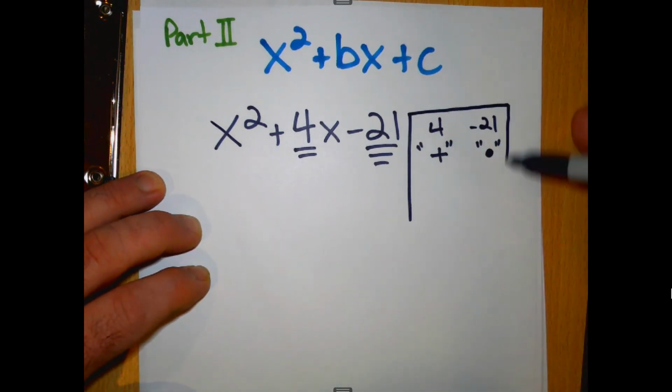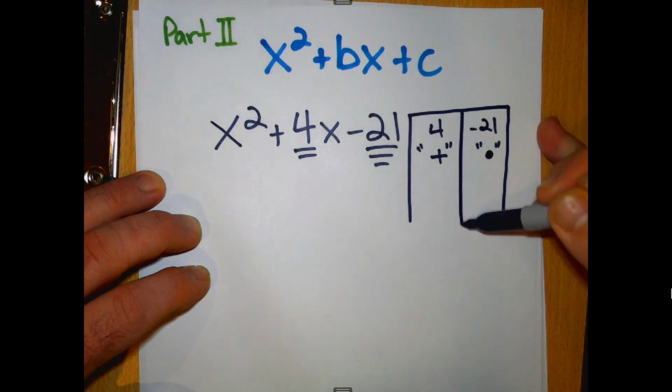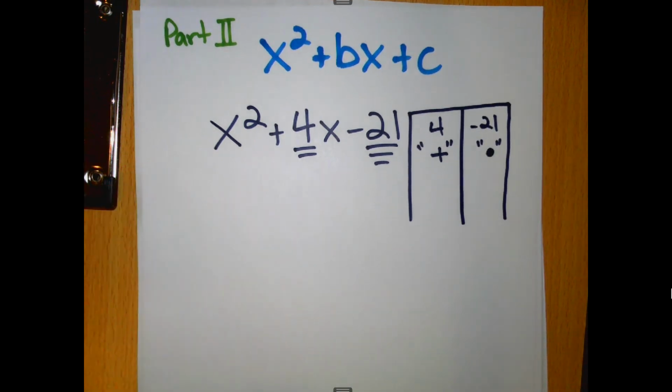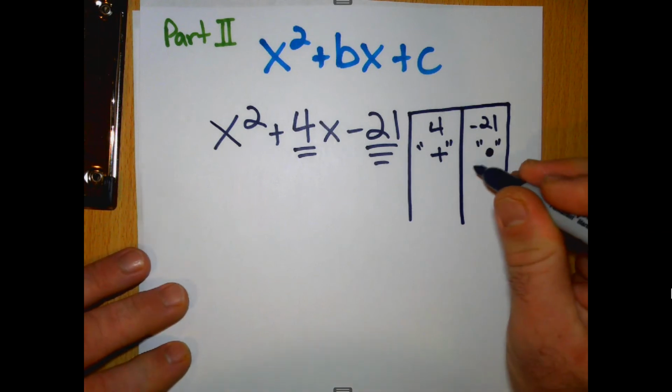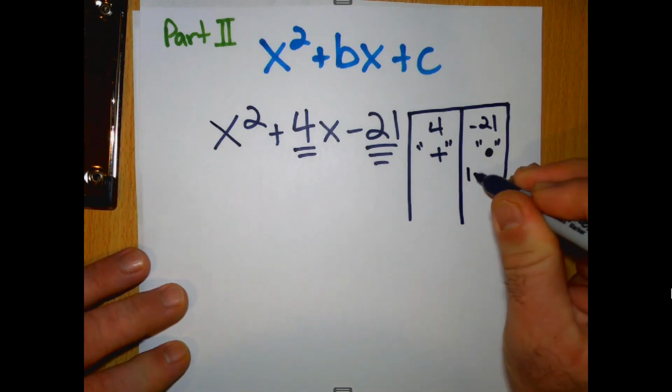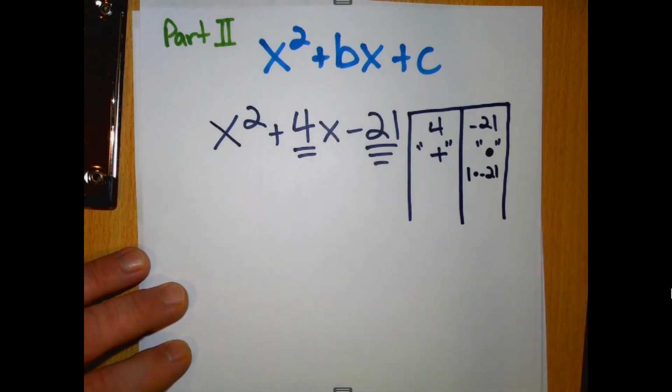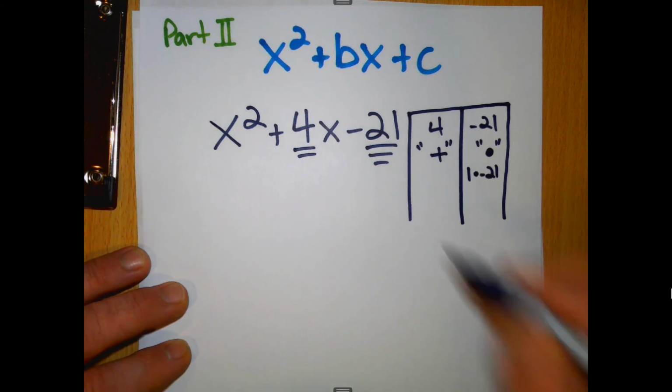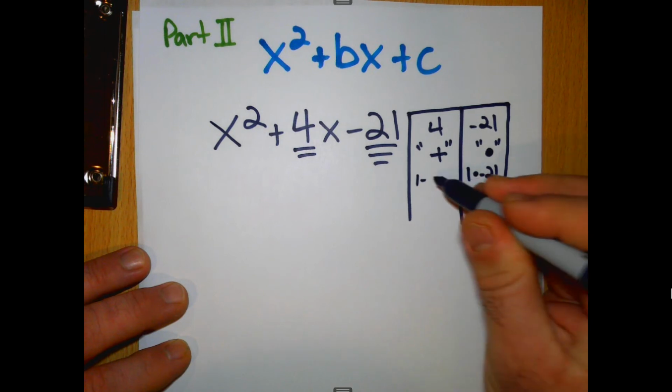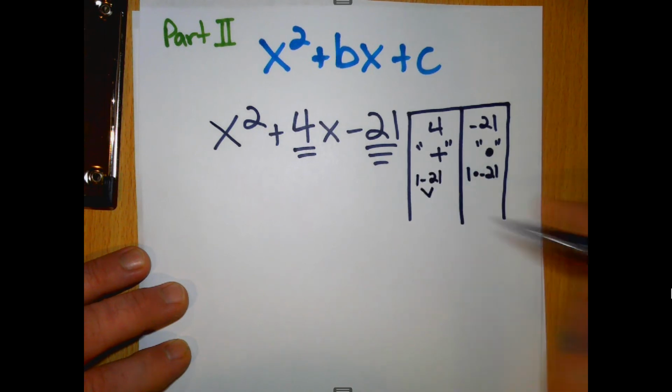So because it's negative, we have to consider that in our chart. Okay, so let's see here. What do we have here? Well, not much. 1 times negative 21 is certainly negative 21, but 1 minus 21 is negative 20, and we're looking for 4. So you can switch the order.